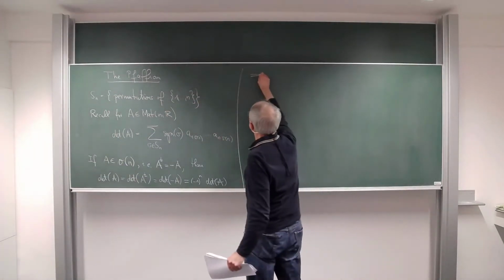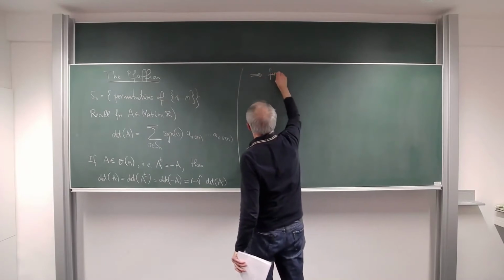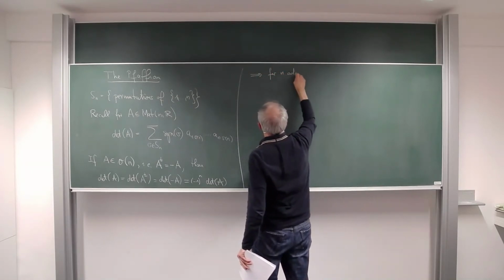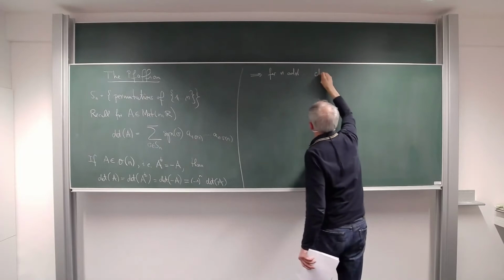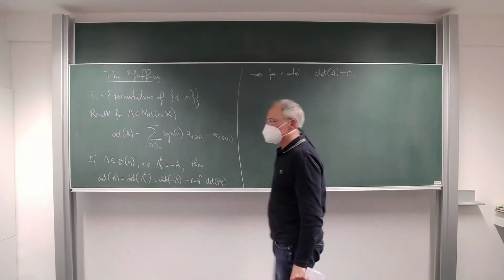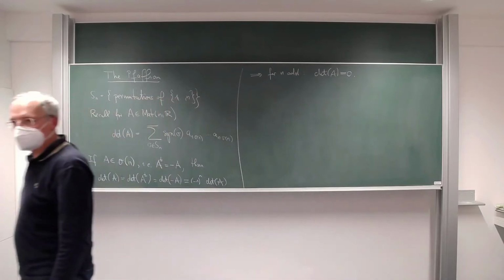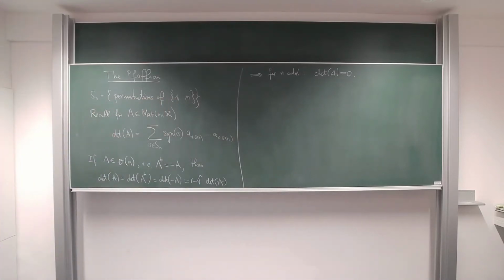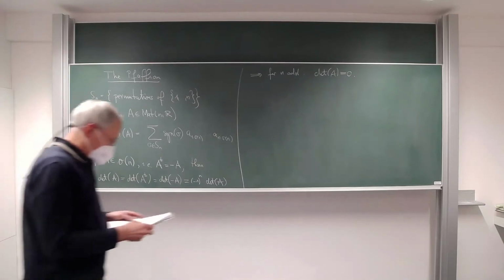So hence for n odd, the determinant of A is 0. And that's the reason why we will basically only look at even dimensions. Because for skew-symmetric matrices for odd n, the square root of the determinant will be 0. So the interesting case is the even dimensional case.